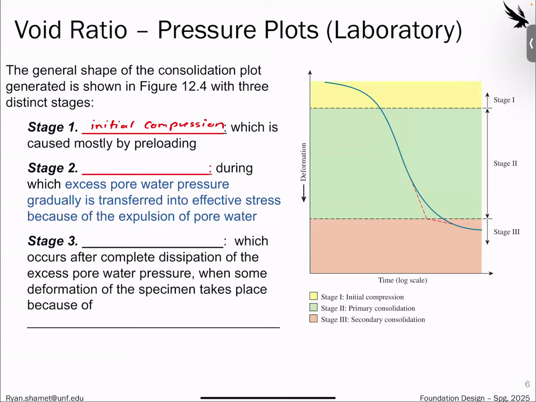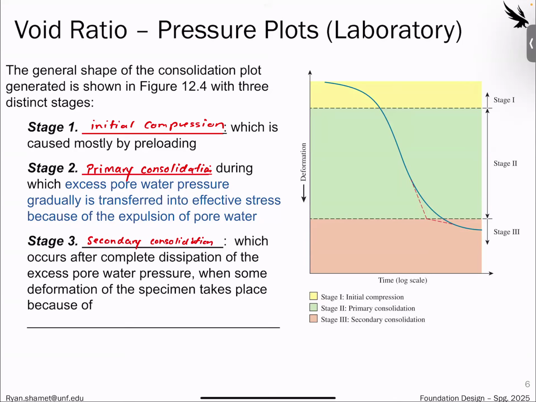Now, the second part, stage 2, the blue part, is what we call primary consolidation, and this is the one that we care about. Primary consolidation is where the change in volume is a result of the excess pore water pressure dissipating. So that's where the balloon is actually changing volume from the water leaving. And then stage 3 is the secondary consolidation.